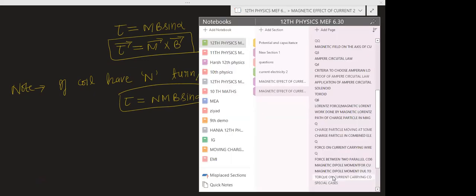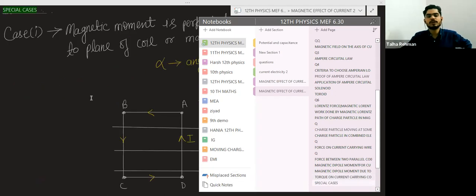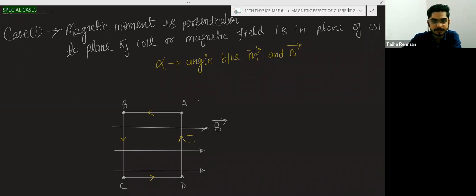Okay, good. So there are some special cases with respect to this torque and the magnetic moment.